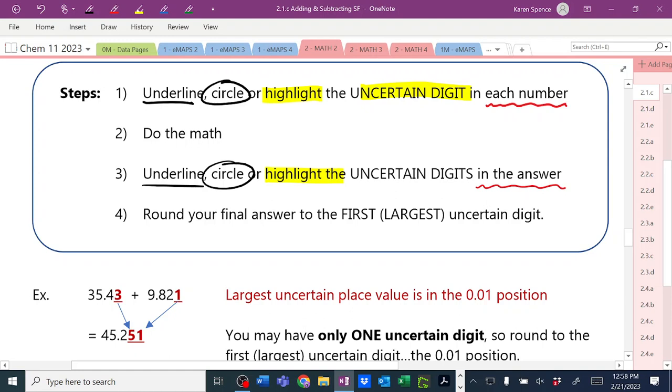Finally, you round your final answer to the first, which will be the largest uncertain digit. Now, we're going to take a look at these and see how you can also use round to the least number of decimal places, okay? And when that fails.